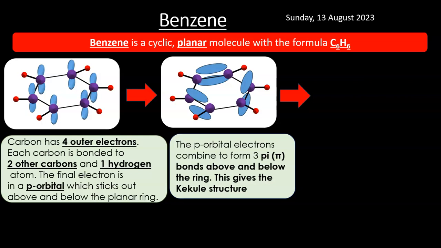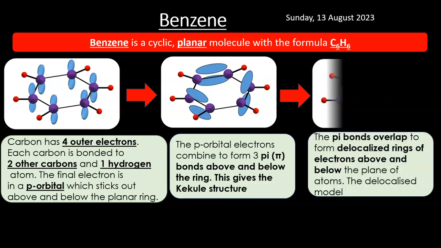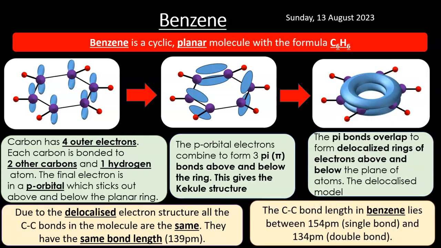Well, our modern model takes that one step further. Rather than having three separate double bonds with three separate pi bonds, how about overlapping the upper parts of these pi orbitals into one ring structure above the plane of the atoms and another one below the plane of the atoms to create this idea: two rings of delocalized electrons above and below the plane of the atoms.